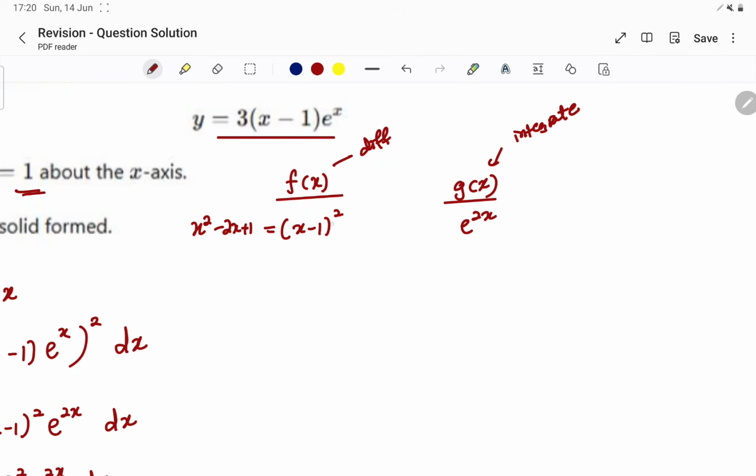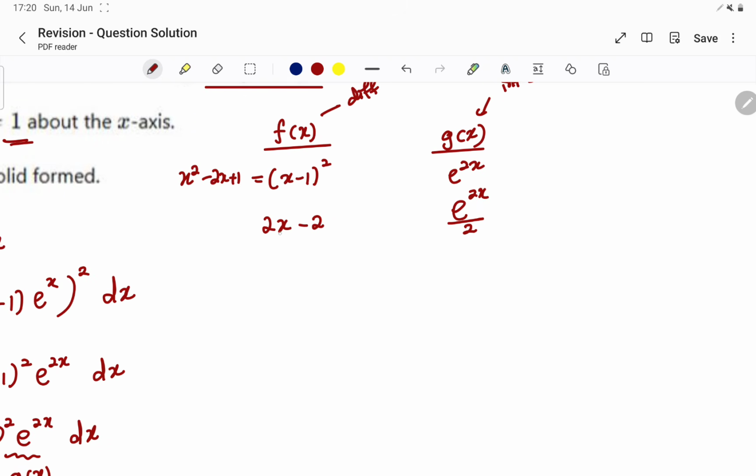First we differentiate f(x), and you get 2x minus 2, and e to the power of 2x we integrate, so e to the power of 2x divided by 2. Then for 2x minus 2, you differentiate and it becomes 2. The next one, e to the power of 2x divided by 2, you integrate, getting e to the power of 2x divided by 2 multiplied by 1 over the differentiation of the power 2x, which is 2, so you get e to the power of 2x divided by 4.